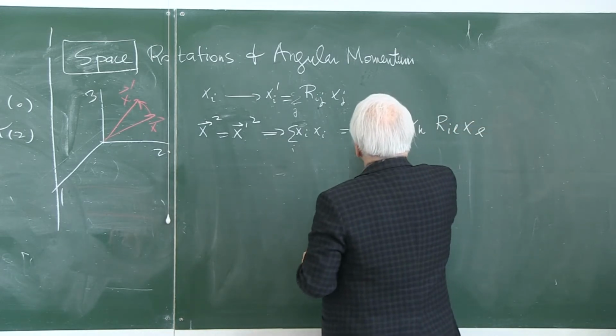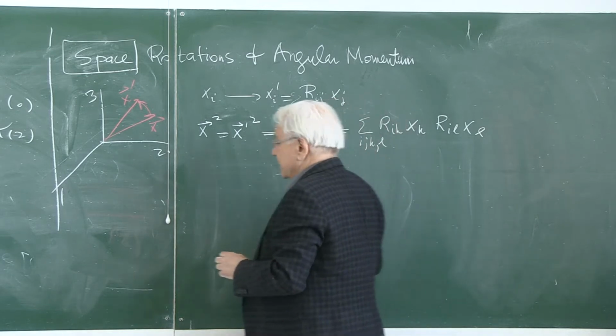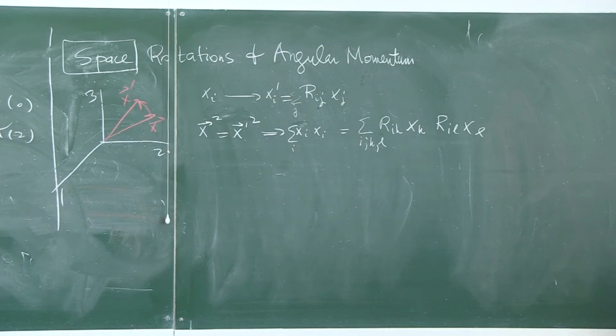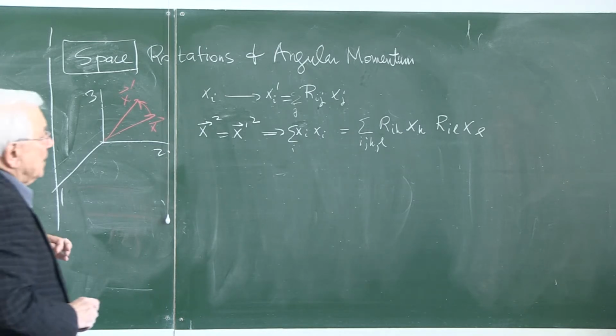So there is a summation over k and l as well. I have written that transformation and set the lengths equal to each other: on the left-hand side the length of the unprimed vector, on the right-hand side the length of the primed vector.